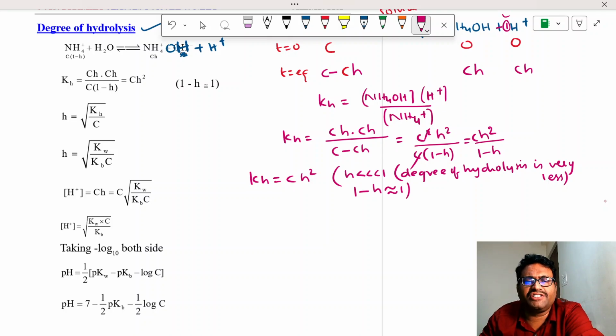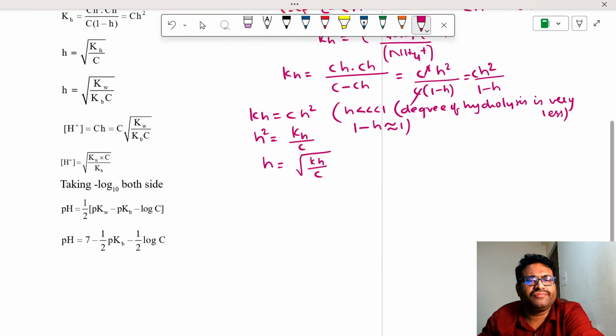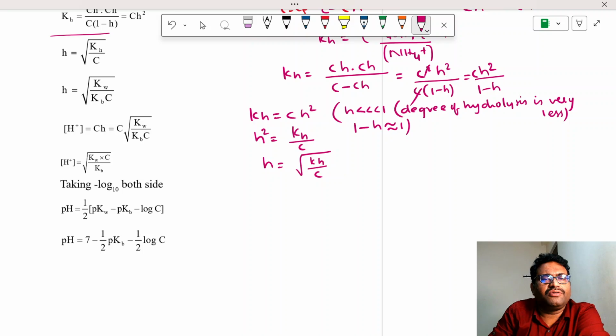Then Kh is equal to C h square. So h square is equal to Kh by C, and h is equal to root of Kh by C. Are you getting this? This formula is important.